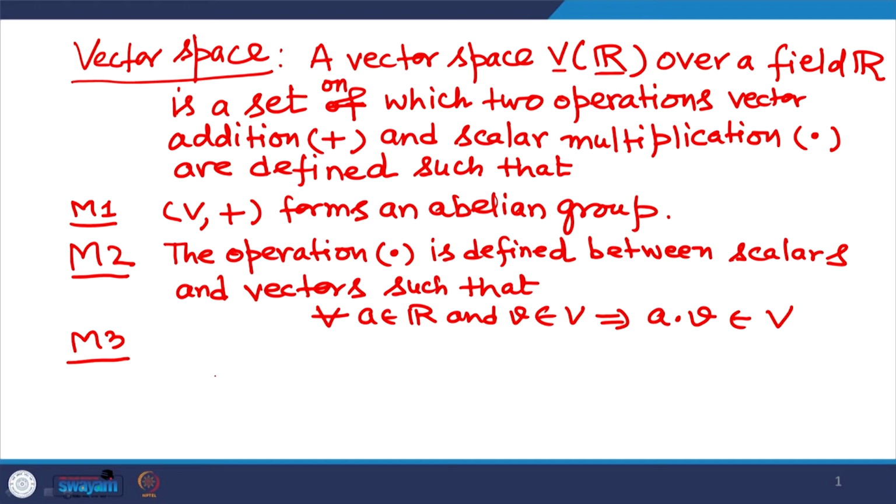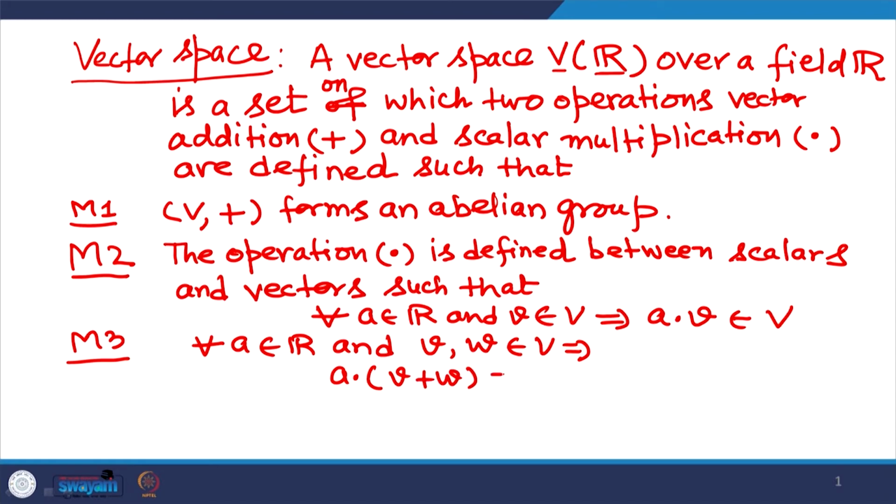The third property is for all a belongs to R and any two vectors v, w belongs to V, we have a multiplied with the addition of vectors v and w equals a dot v plus a dot w.